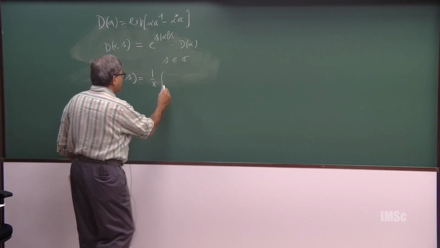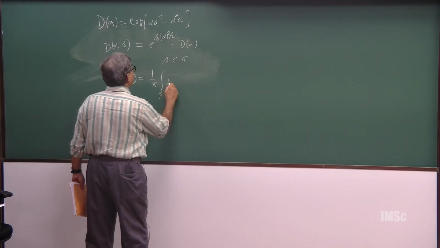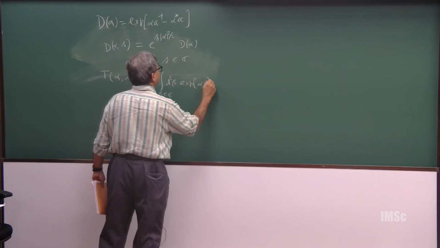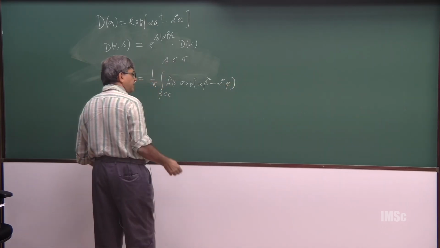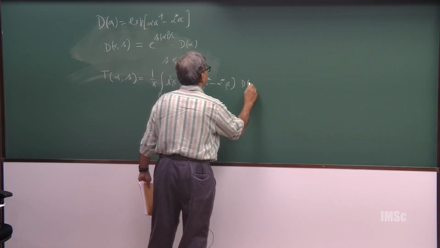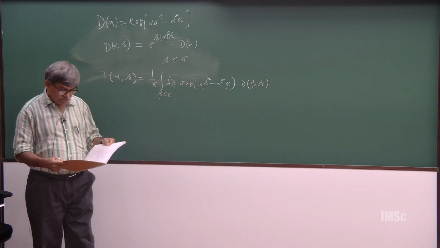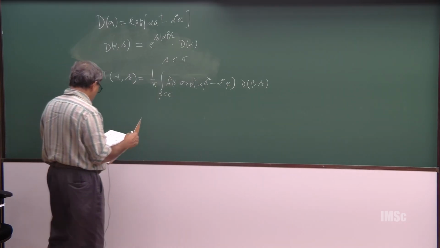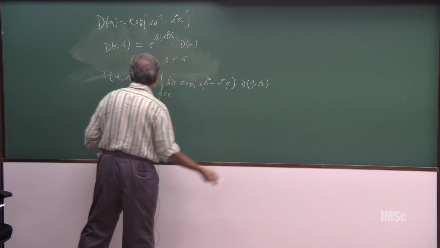So, this is beta belonging to C, d square beta exponential of alpha beta star minus alpha star beta. This is the corresponding factor for the Fourier transform, then D of beta. So, this is basically the complex Fourier transform of this displacement operator.